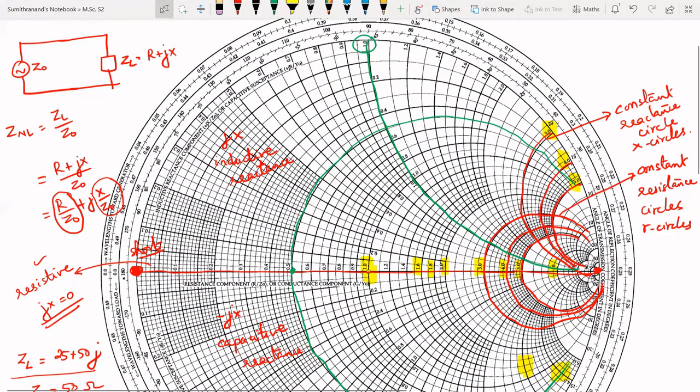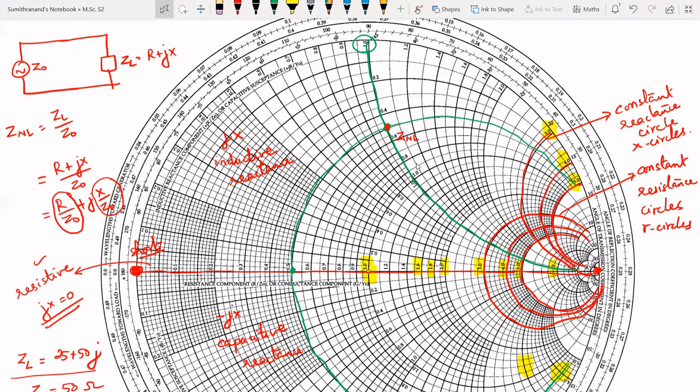Now see, at this point, it is seen that the constant R circle and the constant reactance circle intersect. So we have to identify that point of intersection. Here the two curves intersect. That point will represent the normalized load impedance.